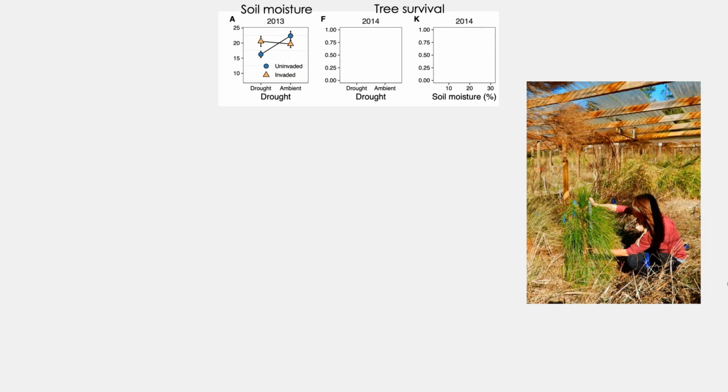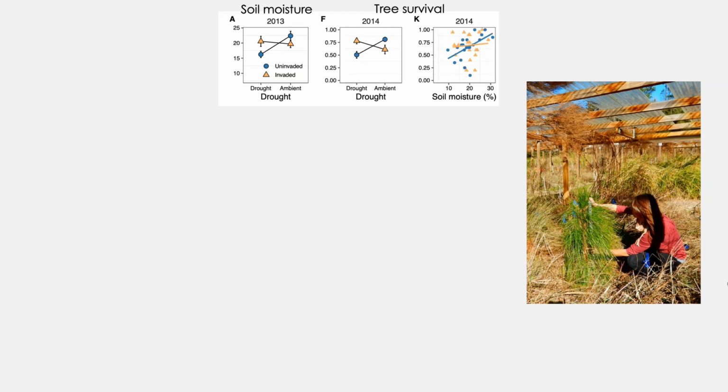So what we saw, first of all, is that the drought treatment worked. So on average, there's less soil moisture under drought than ambient conditions, but only when they were not invaded. So under the invaded condition, the orange triangles, you see that soil moisture is the same regardless of the drought treatment, again suggesting the invader is mitigating or moderating the effect of drought.